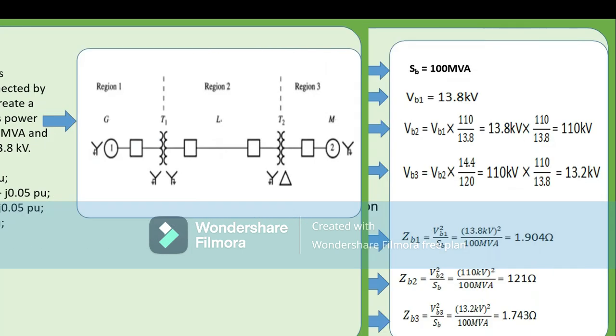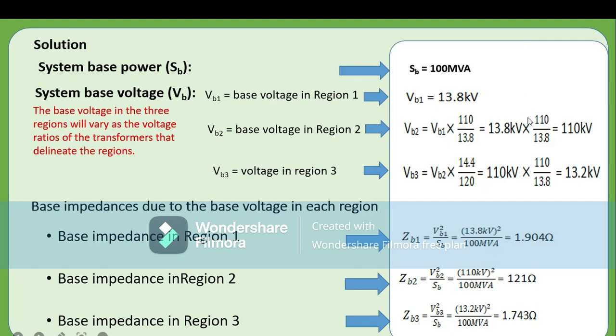So you can see here in region 1 we have 13.8. By region 2, because of the transformation ratio, it transforms this voltage VB1 and moves it by 13.8 times that ratio, so it has moved to 110 kilovolts. That's beautiful.